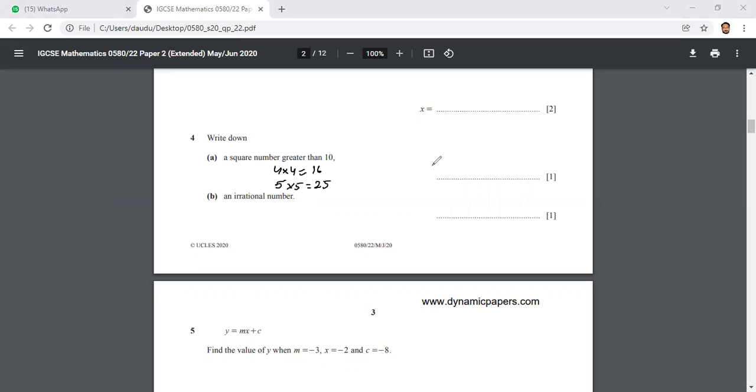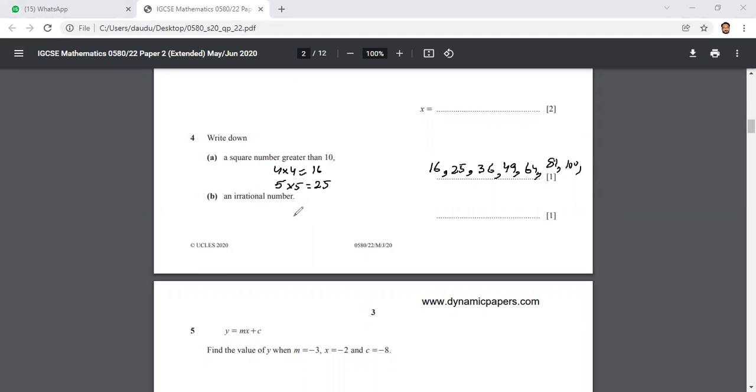So we have 16, 25, 36, 49, 64. If you want to write more, 81, then 100 and so on. Enough: square numbers greater than 10.